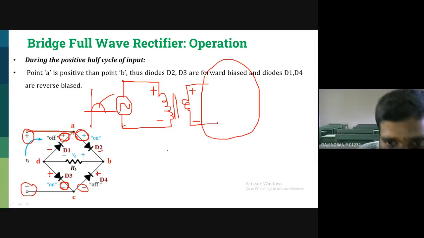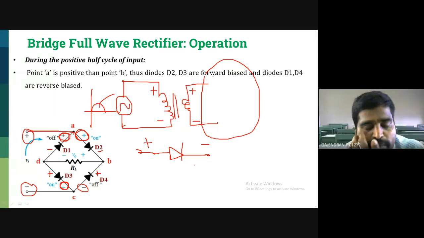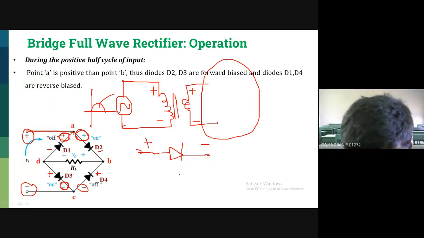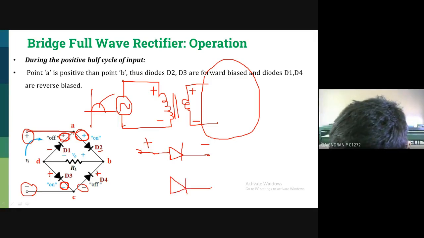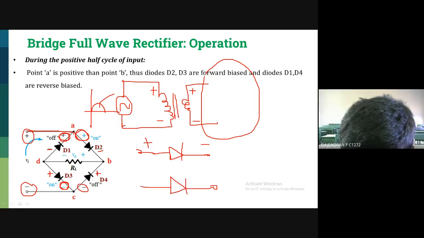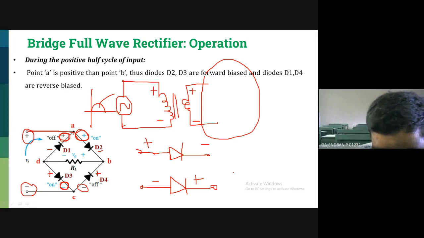Positive. Let me draw one small diagram. This is my diode. If I mark the polarity like this, plus minus, whether it is forward biased or reverse biased? Forward biased. If I mark the polarity like this, what it implies? Reverse bias.